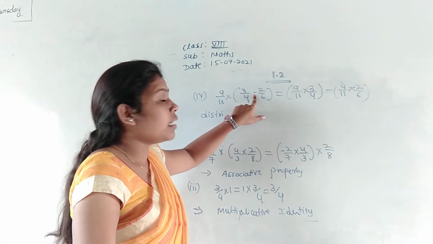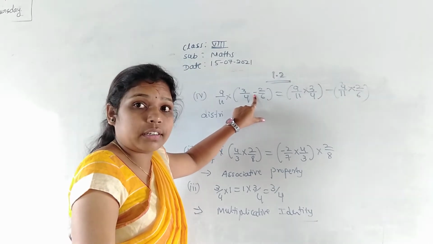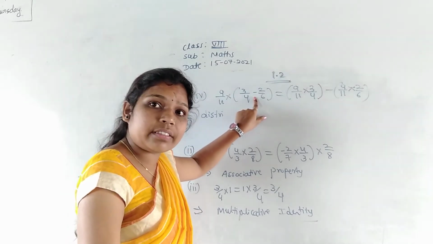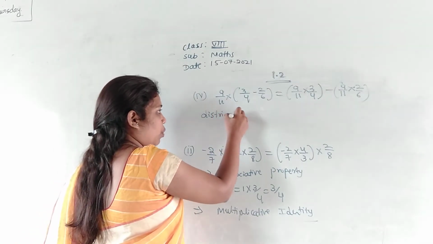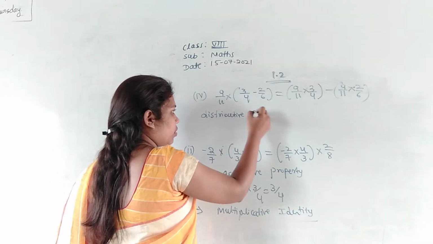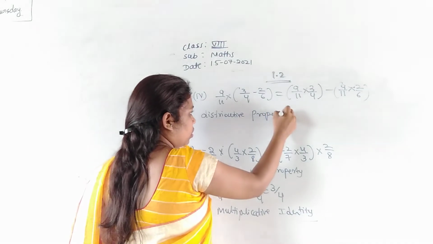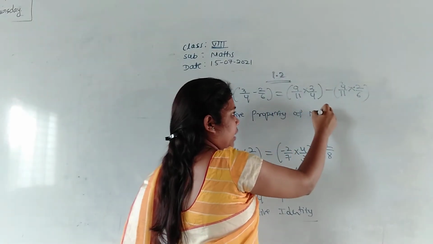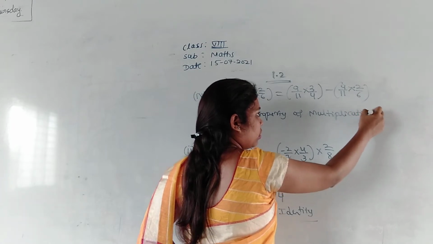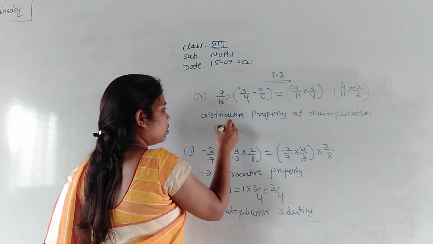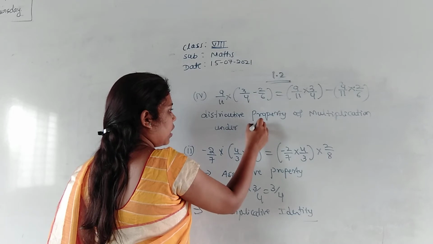If they had given a plus here, that would be under addition. This property was already studied in 7th and 6th. That only I am writing here: distributive property of multiplication under subtraction.